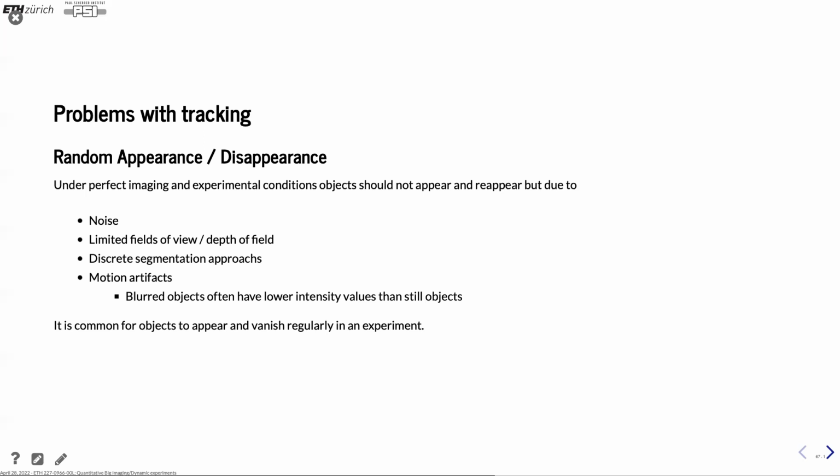Also objects can just die or reappear. So tracking is not an easy task. It requires some planning, both on the experiment side, but also in the analysis. You have to really make sure you have an algorithm that can handle all the specific cases that you are working with.